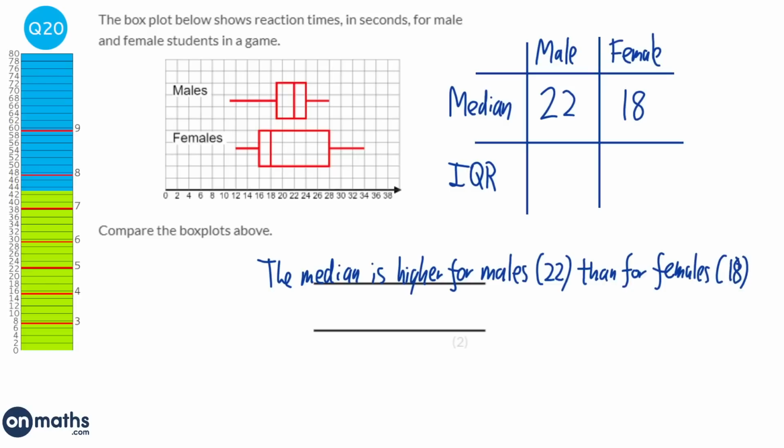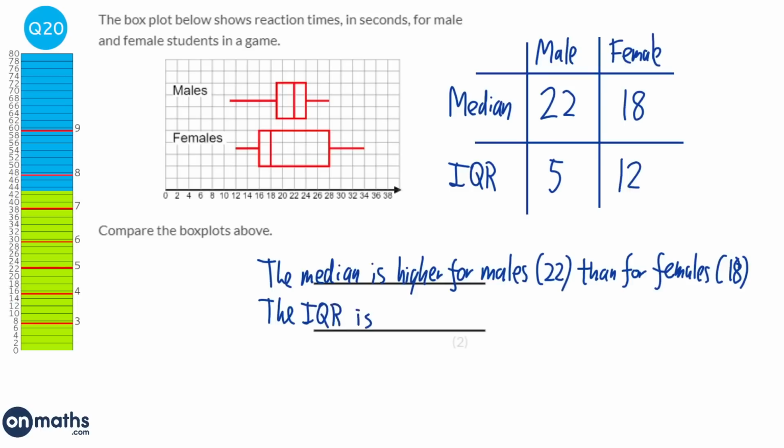Next we're going to do interquartile range. Interquartile range is slightly harder because you need to do the distance between the upper quartile, which is this line here, and the lower quartile, which is this line here. And so that would be 24 take away 19, which would be 5. And for the females, it would be 28, which is this one here, take away 16, which is this one here, and that will give you the answer of 12. So the next sentence we say is the interquartile range. They don't mind you writing IQR, that's absolutely fine.